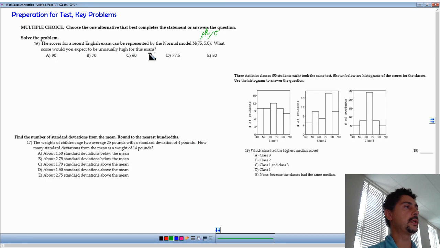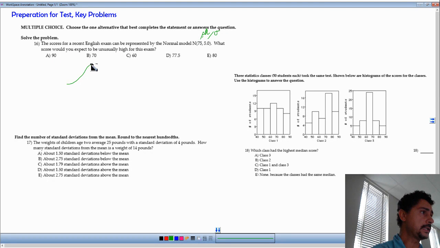Where would you expect a score to be unusually high for this exam? Now, my advice is to always draw a picture and write down what information we have. There's the mean.